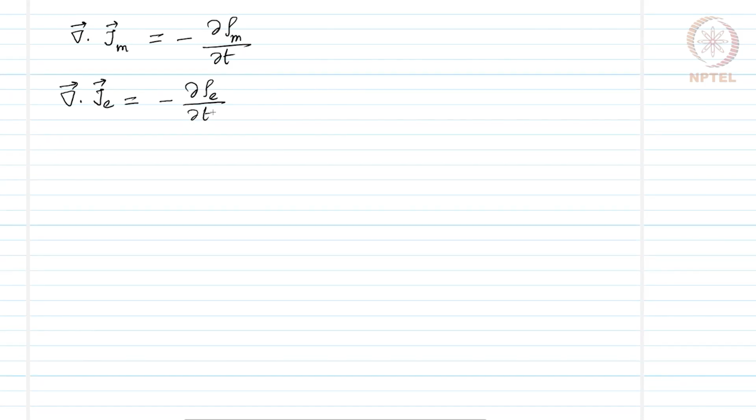However, there have been many efforts to find out the magnetic charge, but no one could find any existence of the magnetic charge. So, we can write down that rho m equals 0 and J m is also equal to 0 everywhere. In other words, magnetic charge and magnetic current just don't exist anywhere.